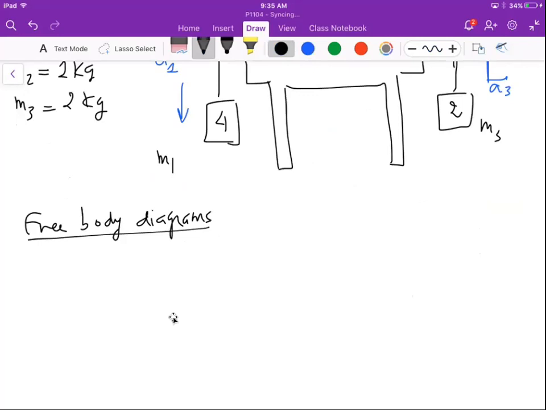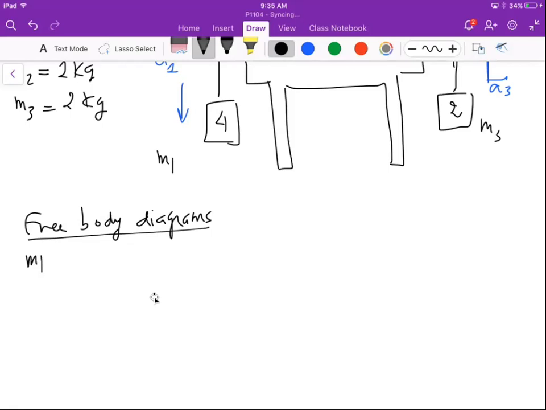okay, I will draw them as they are, I will draw the block and then put the forces on it. So as you know, we have the weight on one side which is M1G and we have the tension in the cord. Since here we have 2 cords, let's call the first one T1, this cord 1, and the second cord 2.